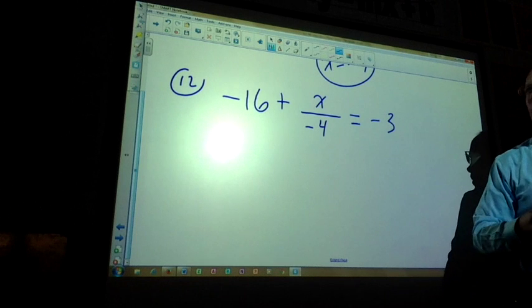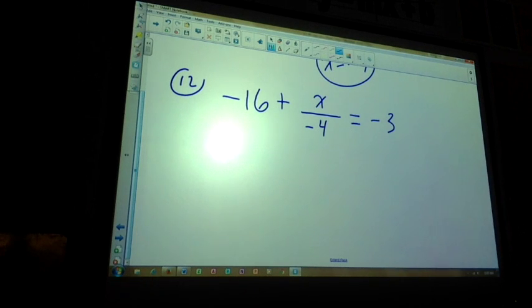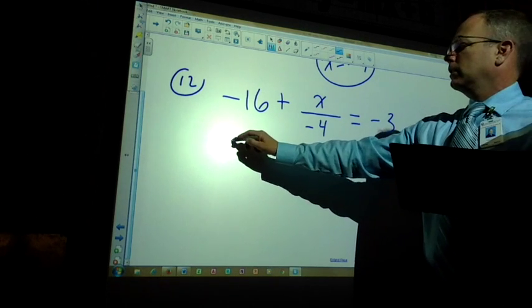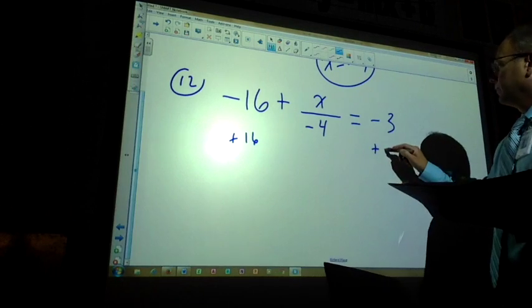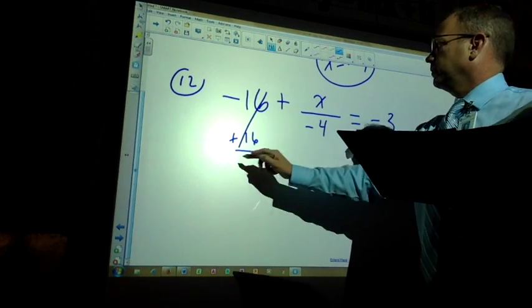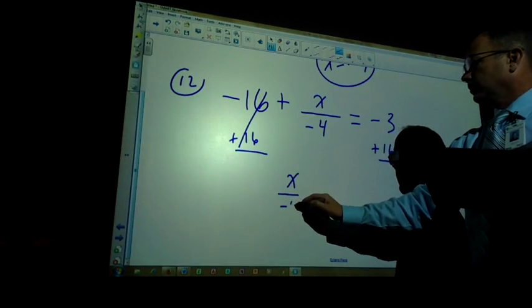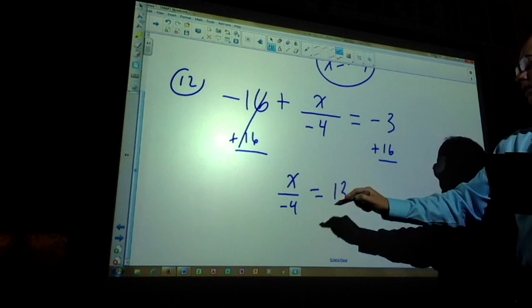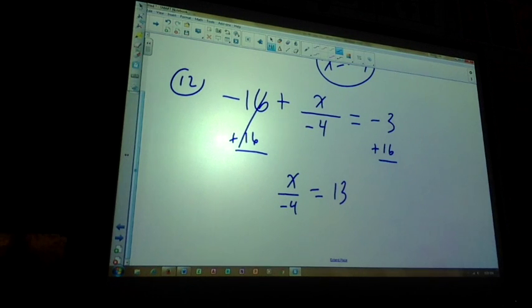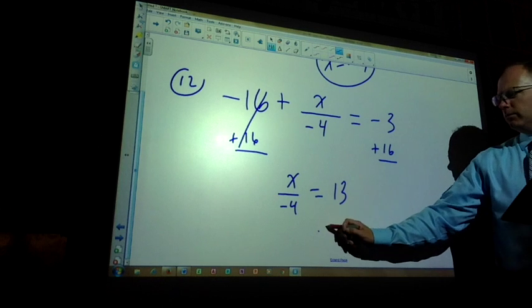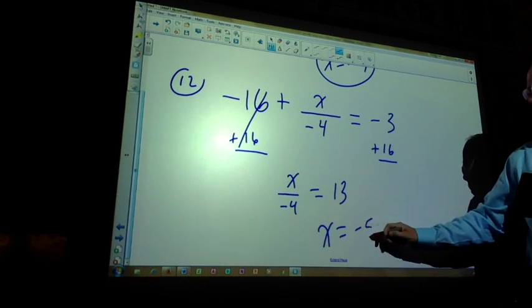Remember again, is in math terms is equals. All right, it looks like I could add 16 to both sides. Then what? Multiply by -4? I think -52 would be the answer.